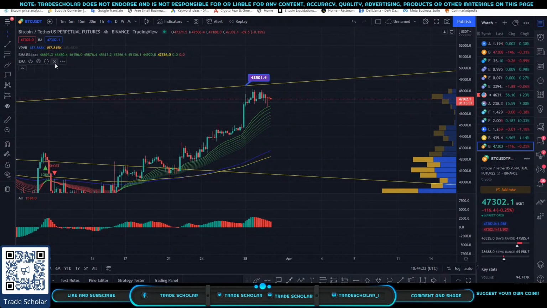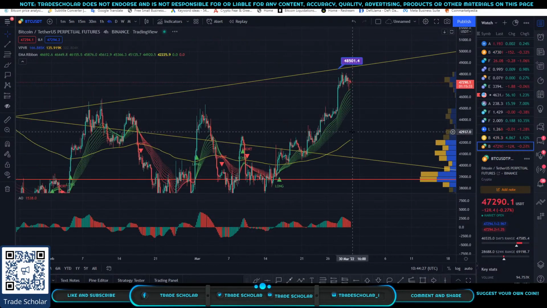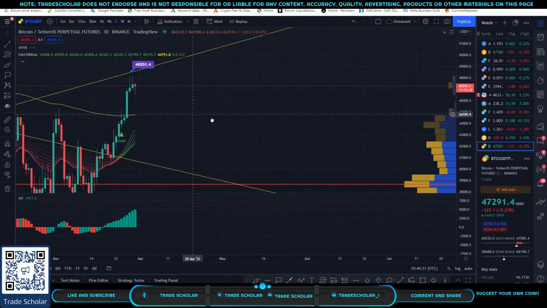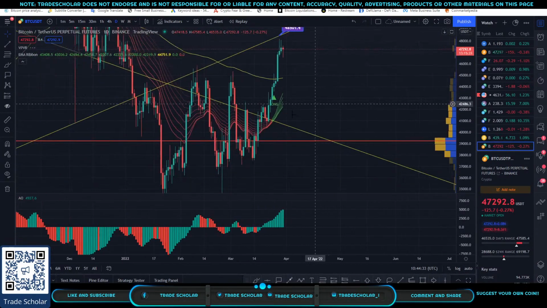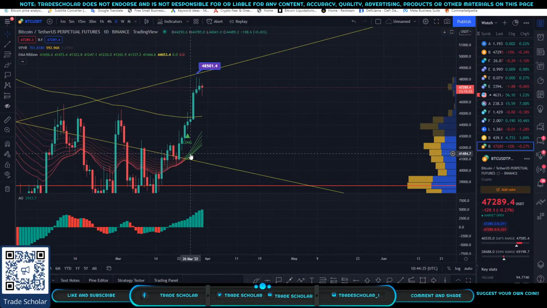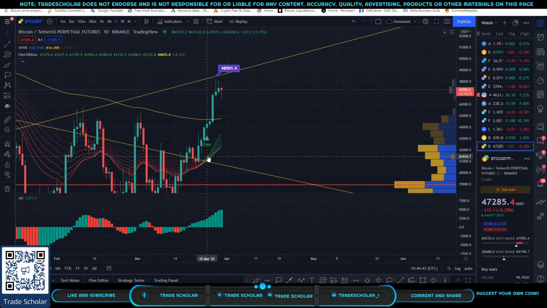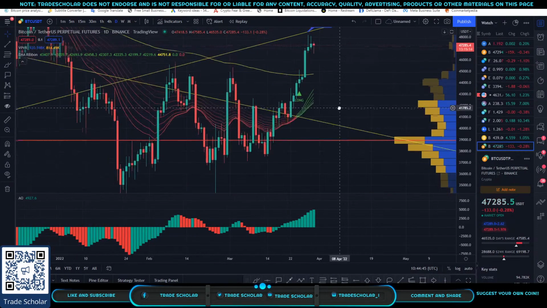So basically in our daily time frame, we are still bullish. Okay, you can look at this signal right here. And as you can see, it's a delayed signal from the EMA ribbon.